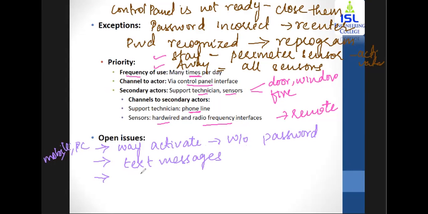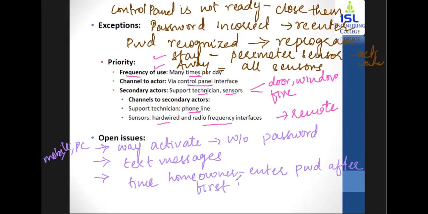Then the next is how much time will the homeowner have to enter the password after the first key is pressed. That is, suppose it is a 4-digit password like 3214.